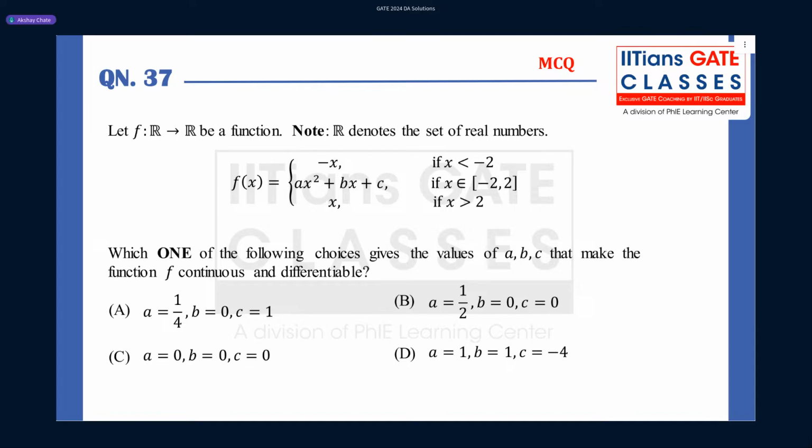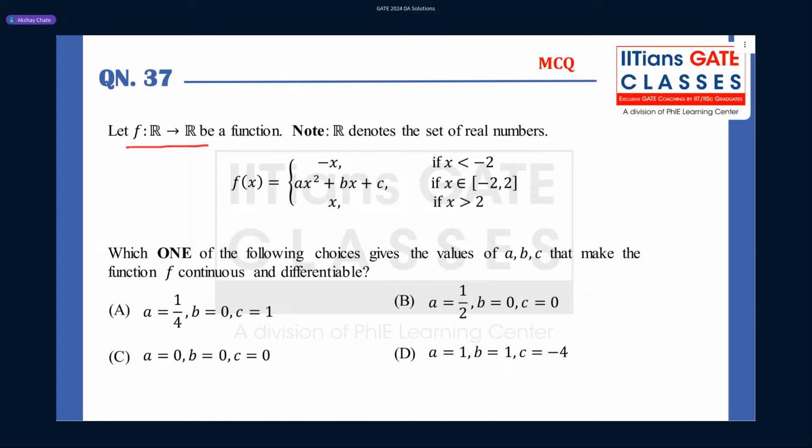The question is, again, a function mapping R to R. That means it takes a real number as argument and gives output as a real number. And this function is not uniformly defined over all x values.